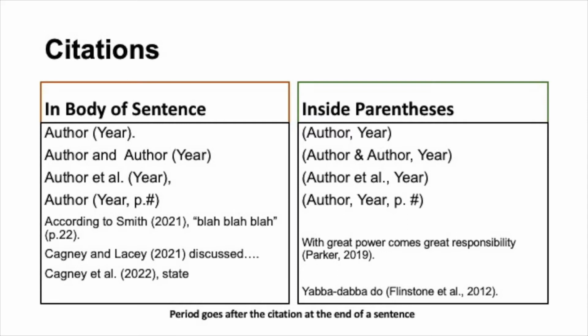If you are quoting a source, so you're saying, Fred Flintstone said, "I like Dino the dinosaur," and that's a direct quote, then you need to identify the author, the year it was said, and where you got it from in the source. So if it's from a book, it's pretty easy. It's the page number.